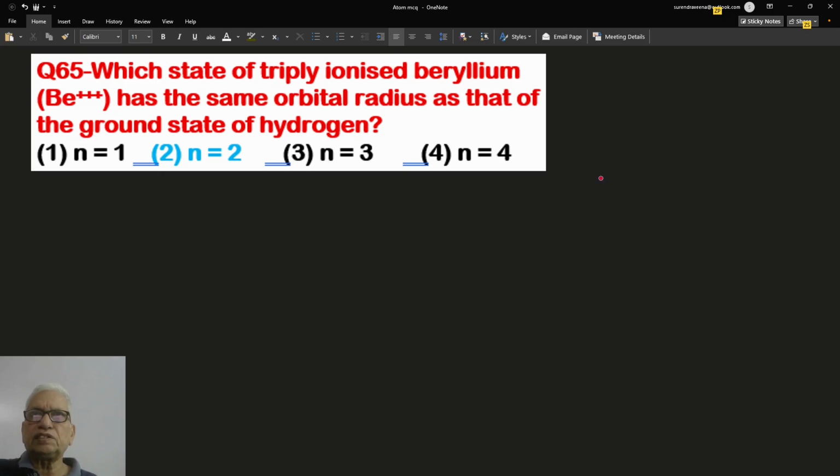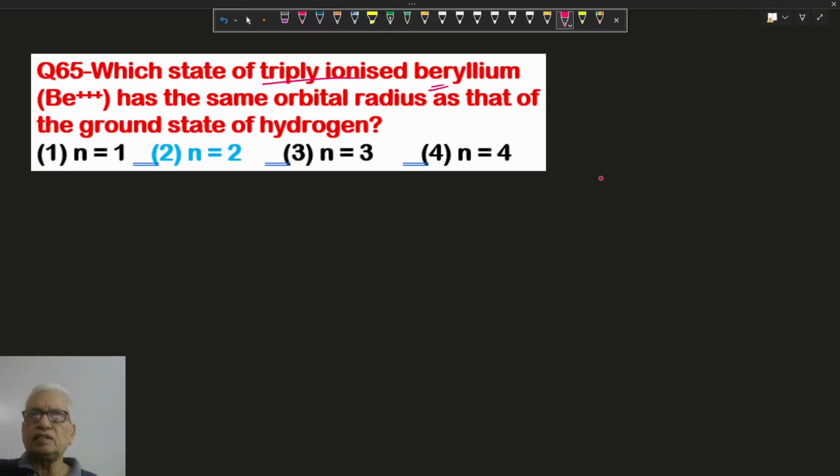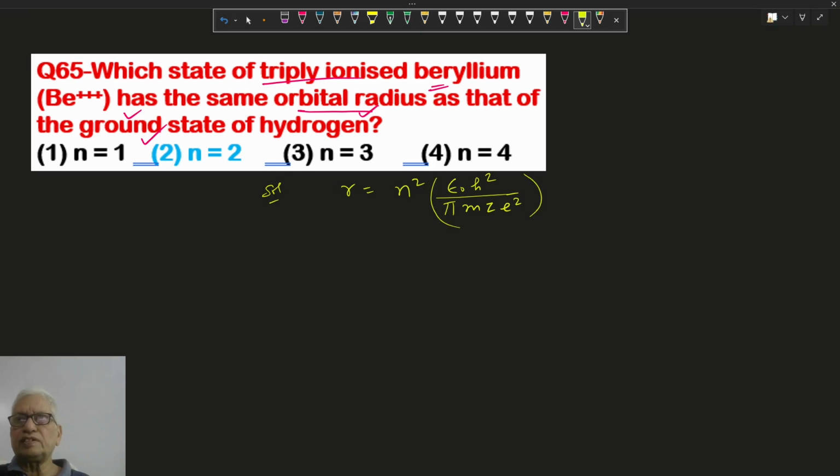In this question, triply ionized beryllium has the same orbital radius as in the ground state of the hydrogen atom. We know the relation of the radius equal to n square epsilon naught h square divided by pi m Z e square. Here we have to find out n.